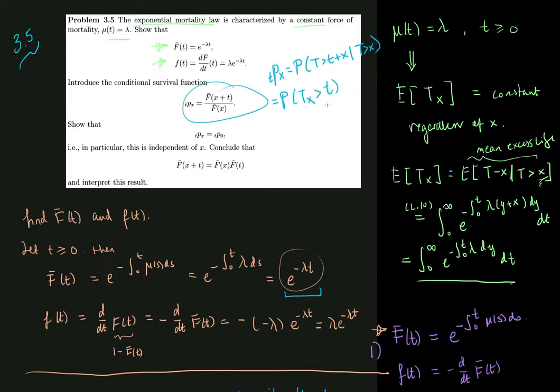The way we see that tpx is given exactly by this fraction here is based on how it looks when we write up tpx as the conditional survival probability, because the lifetime is distributed according to this distribution with this survival function.